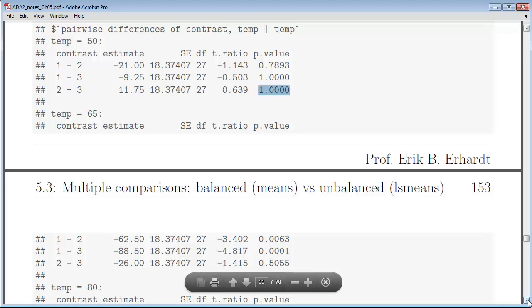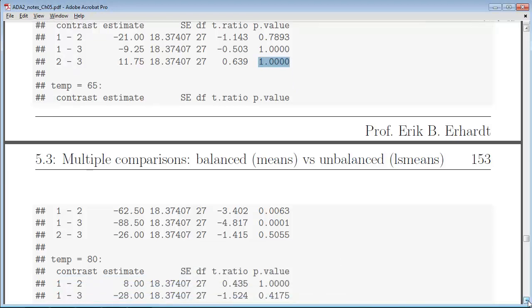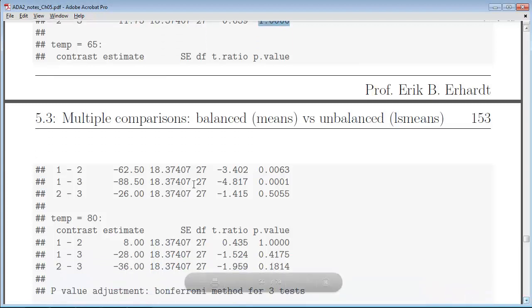And we're going to scroll back up to the plot of the data to get a sense of whether we agree about this or not. For temperature 65, we're comparing material types, and here we find differences between material 1 and 2 and 1 and 3, but not 2 and 3. All right? And then for temperature 80, based on the p-values, no real differences.